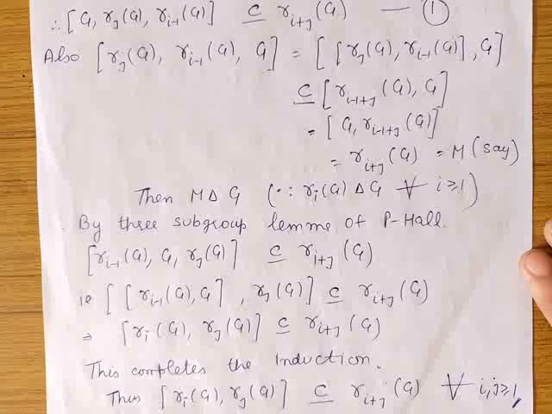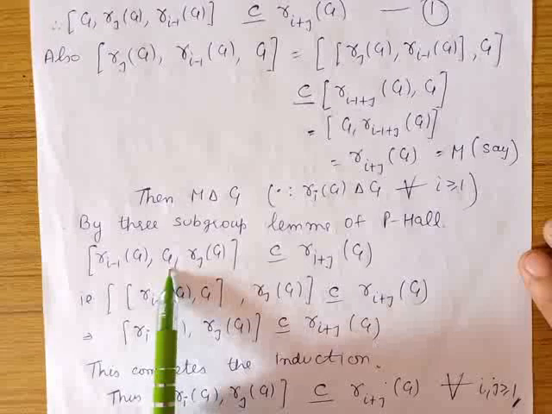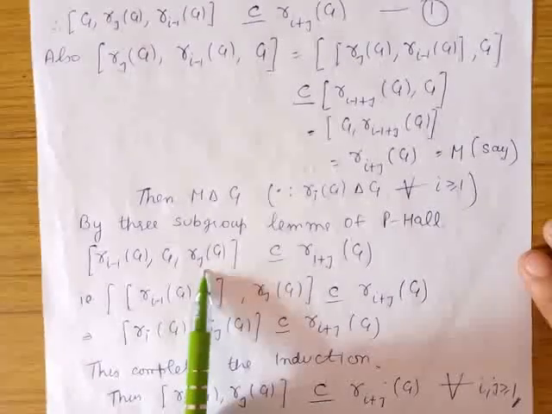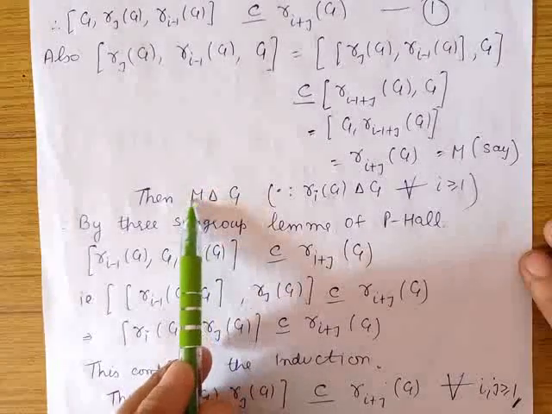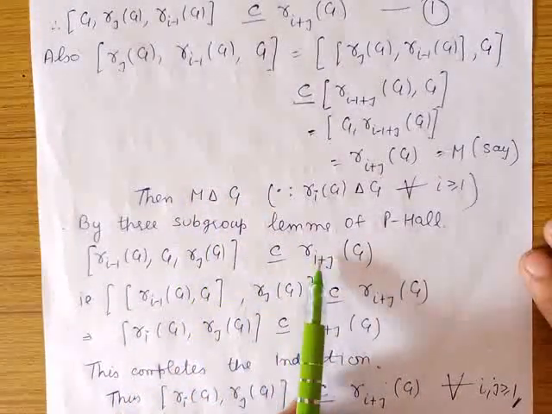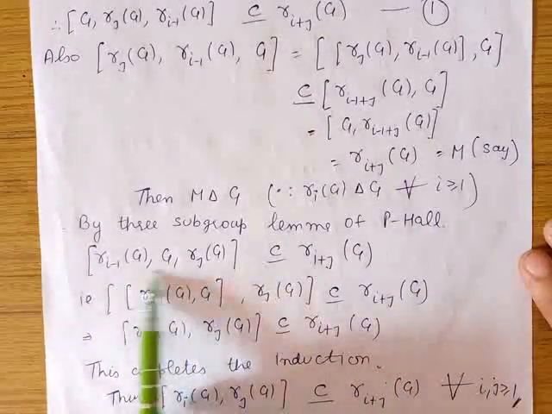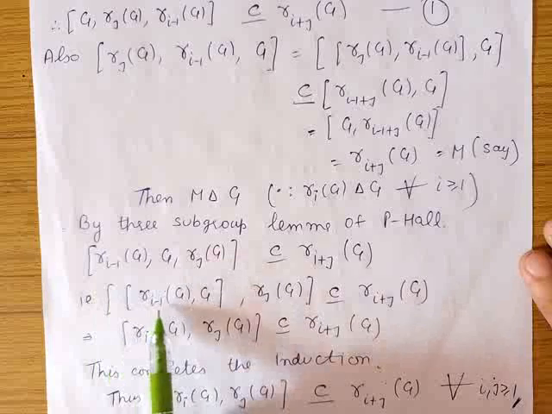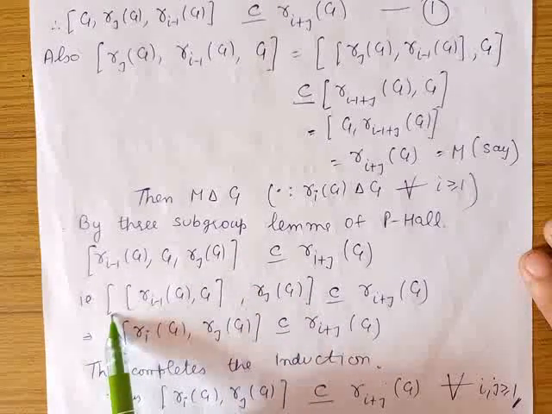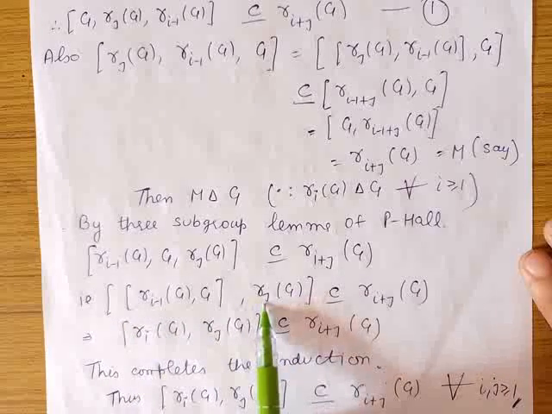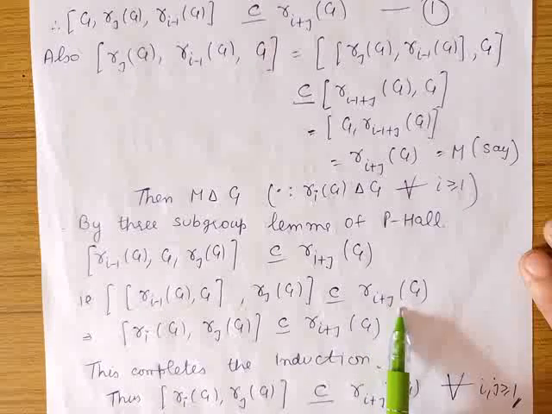By that lemma, the commutator of γ_{i-1}, G and γ_j is contained in this normal subgroup M, where M is γ_{i+j}. Now this can further be written as the commutator of γ_{i-1} with the group G, and then its further commutator with γ_j, and this is contained in γ_{i+j}.